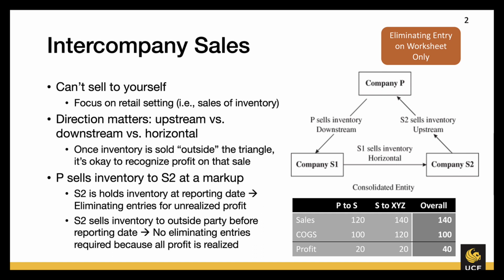They're also going to mark it up $20, and they're eventually going to sell it for $140. What we want is for our consolidated financial statements to consider the cost of goods sold when the goods entered our triangle, so that's $100, and the sale price when it exited our triangle, which is $140. So overall, we're looking at a profit of $40,000 for the consolidated entity.